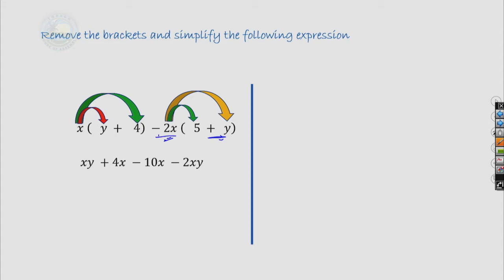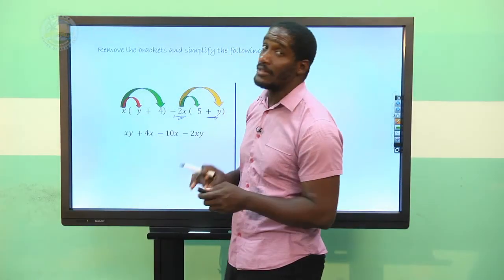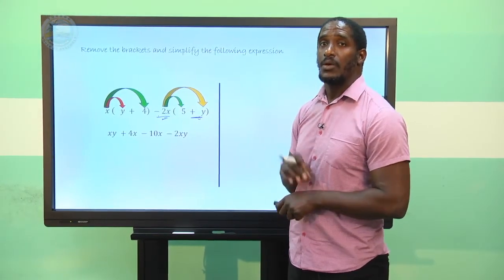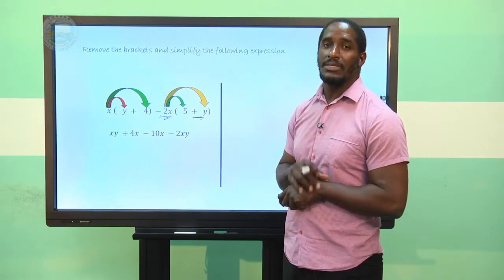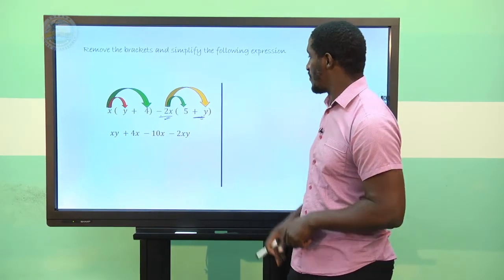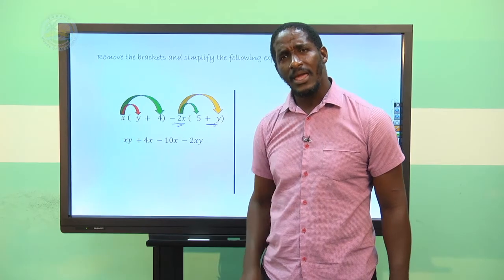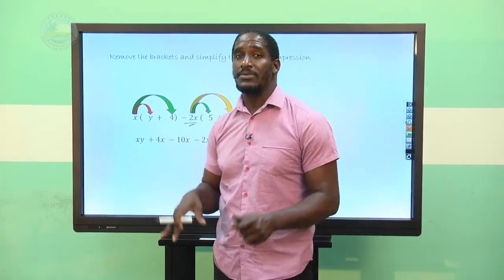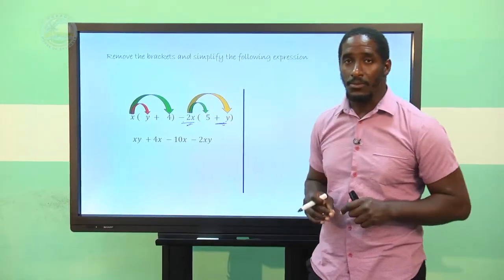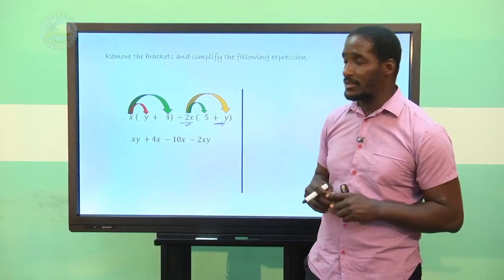Now look here. In a previous video, we looked at the addition and subtraction of algebraic terms. We said that only like terms can be added and or subtracted. So when we look here, do we see like terms? When we say like terms, what do we mean again? Like terms are terms that have the same variables, and these variables are raised to the same powers.